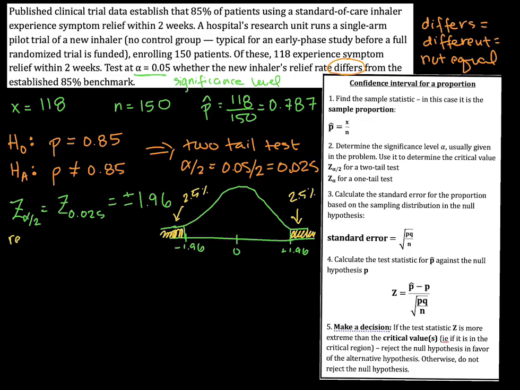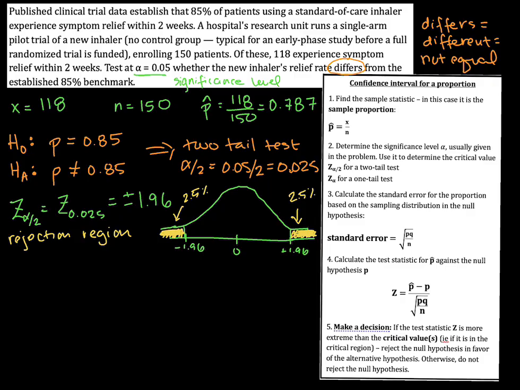This is our rejection region. If we get a z-score more extreme than plus or minus 1.96, in these yellow areas, then that is too extreme to consider that it came from the null hypothesis, so we would reject the null hypothesis. But let's see what z-score we get.